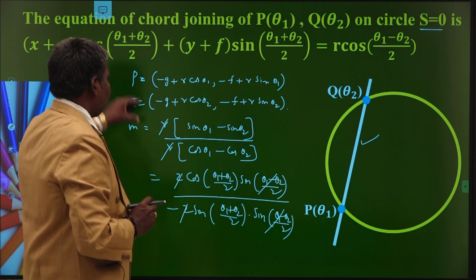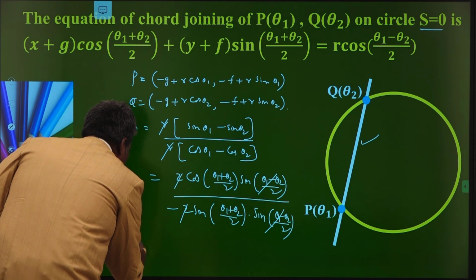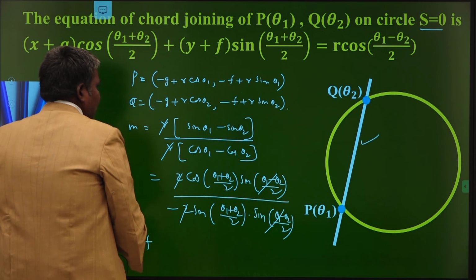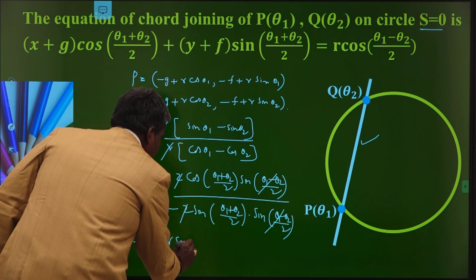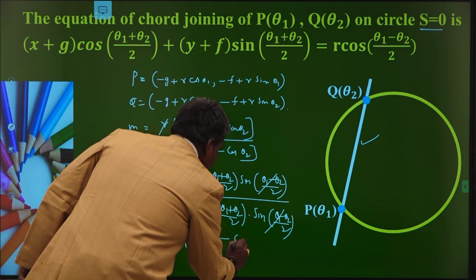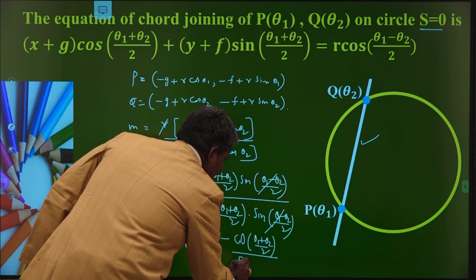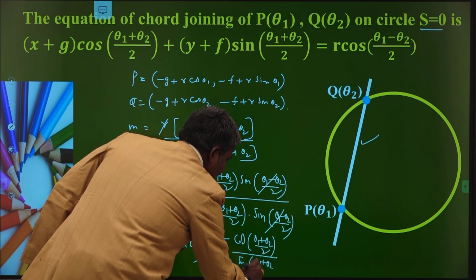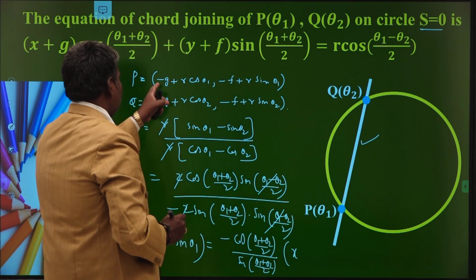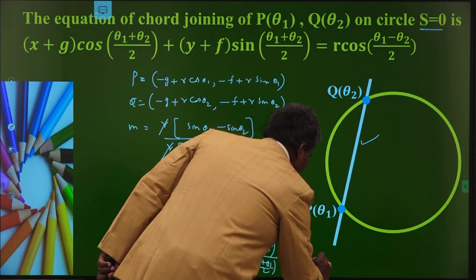Take any one of the points and the slope, you can write the equation. y minus y1, that is y minus of (minus f plus r sin theta 1). y minus y1 is equal to m, that is minus cos of (theta 1 plus theta 2) by 2 by sin of (theta 1 plus theta 2) by 2, into x minus x1, that is x minus of (minus g plus r cos theta 1).